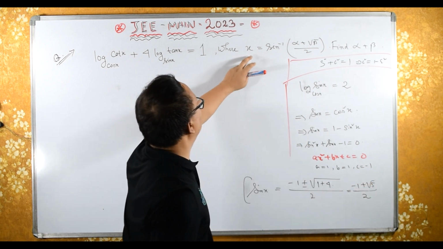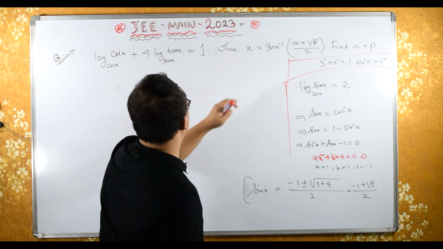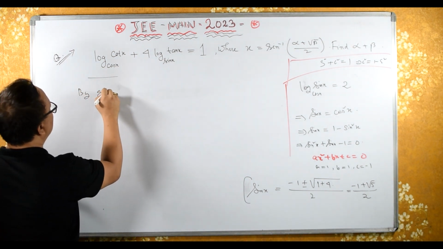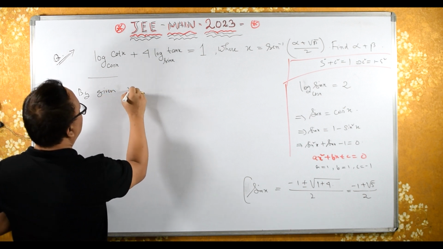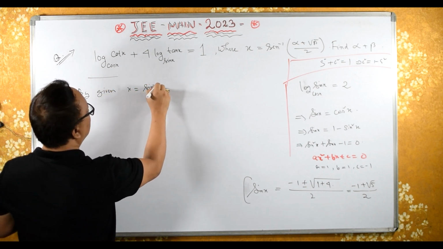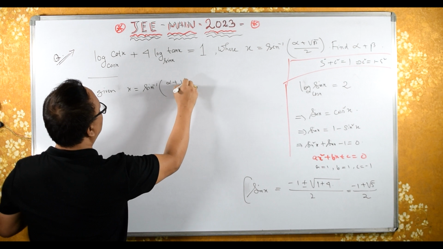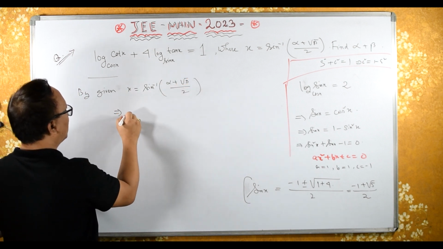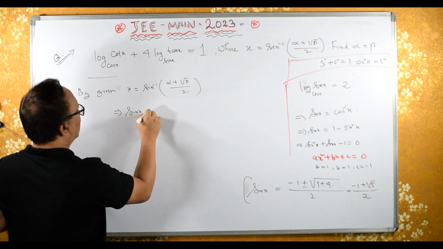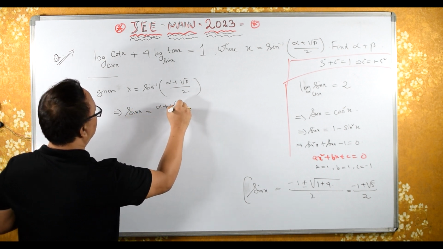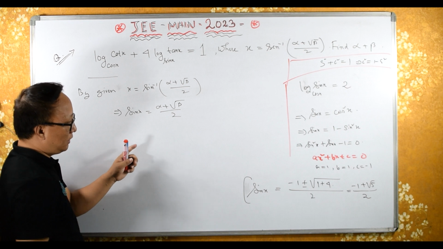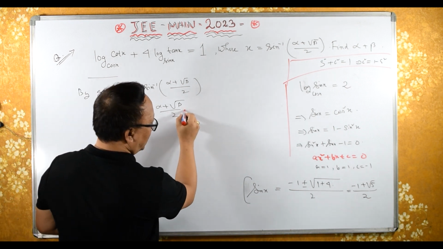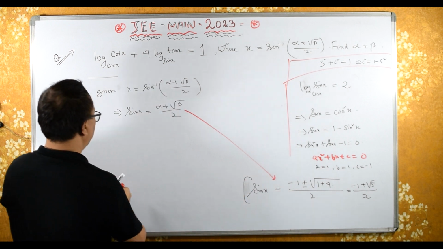Now let's check. The given is this. Okay. Now by given x equals to sine inverse of alpha plus root of beta upon 2, is implies sin x equals to alpha plus root of beta upon 2. Okay. Now let's compare with this. Okay, we have sin x over here. Let's compare with this and this.